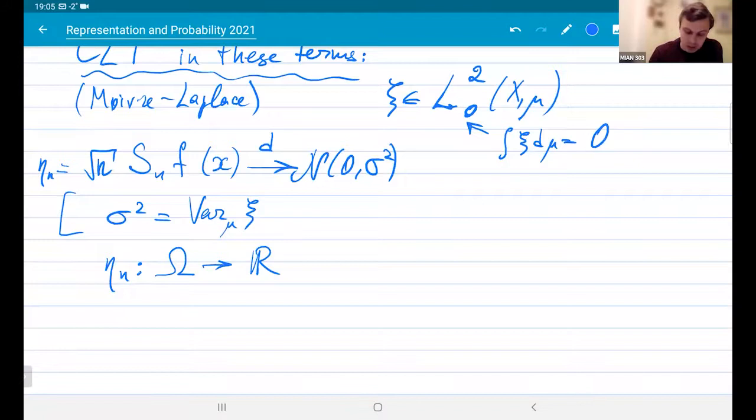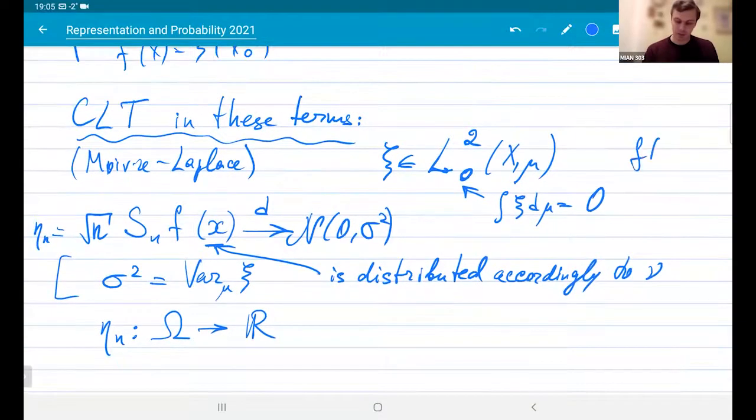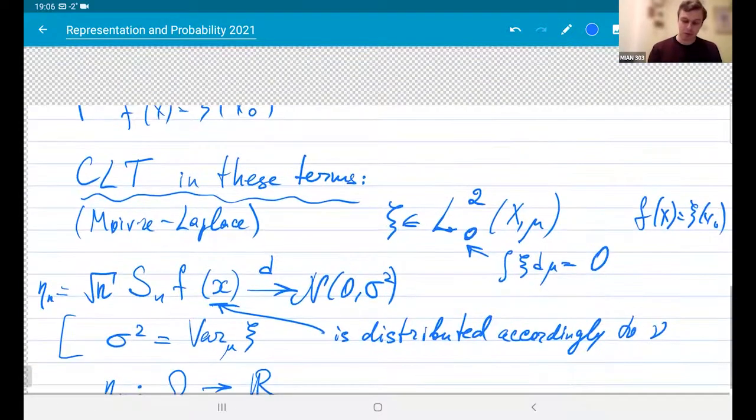And so the key idea here is that you say that this x is distributed according to ν, this direct product. So again, f(x) is ψ(x₀), and x is just this direct product.